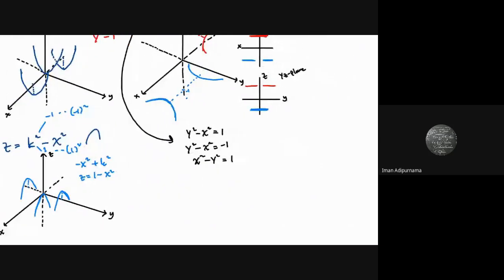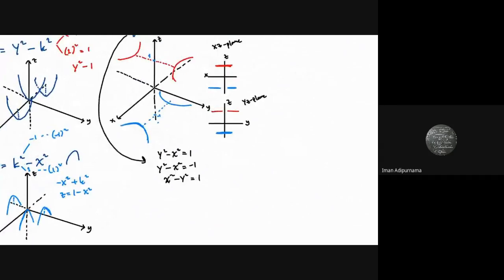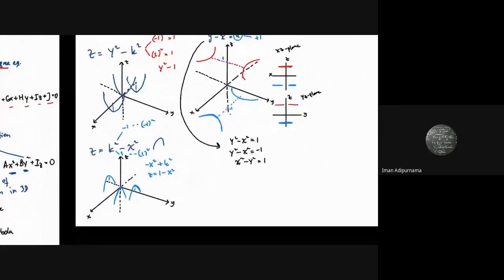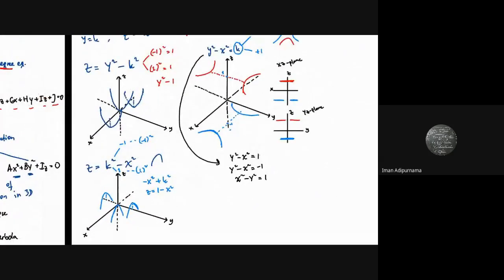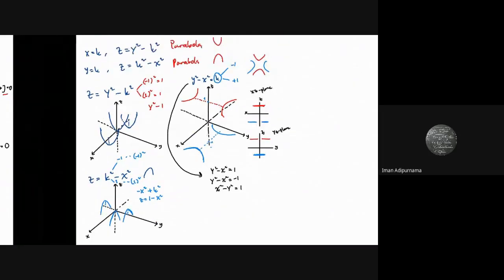Okay, now we have already drawn all these three conic sections, the hyperbola and two parabolas. And the question is how to combine all together. Now that is actually really tough.